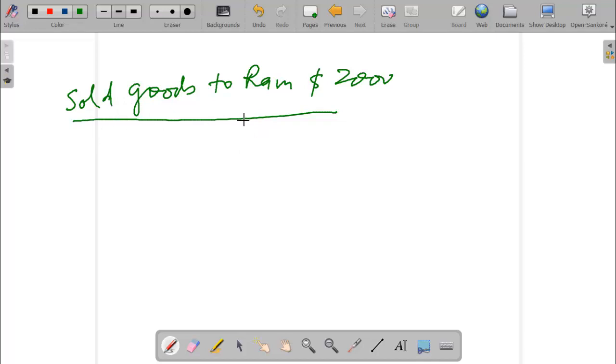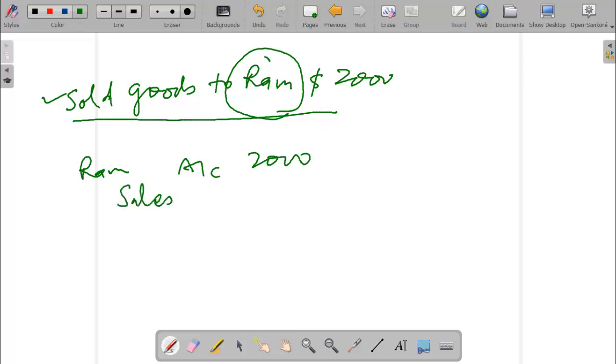The name of the customer is given in the question, isn't it? It means it is a credit sale. So what entry do we pass normally for this? Ram's account will be debited with dollar 2000 and sales account will be credited, isn't it? So this is the entry for this transaction.